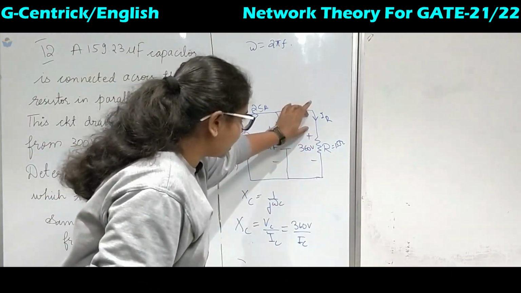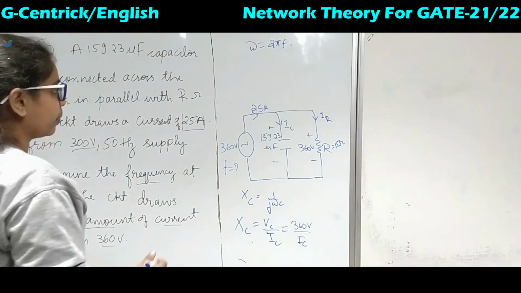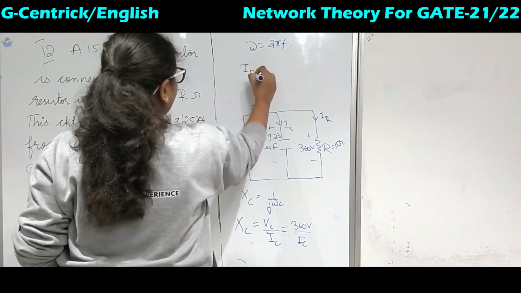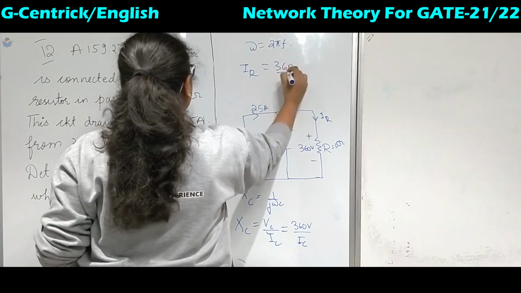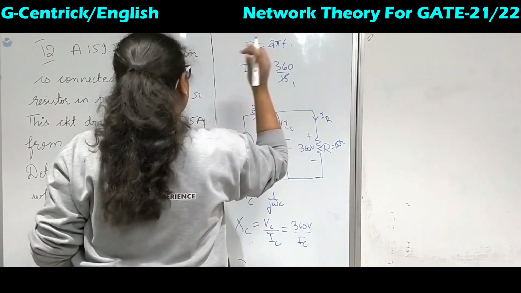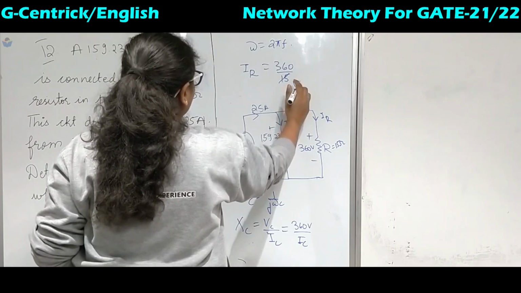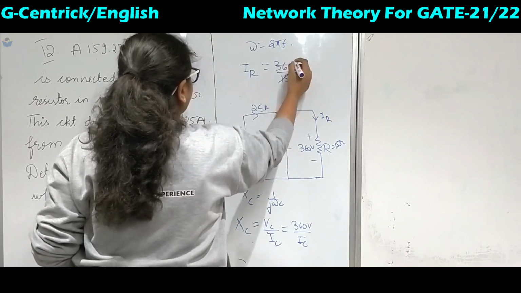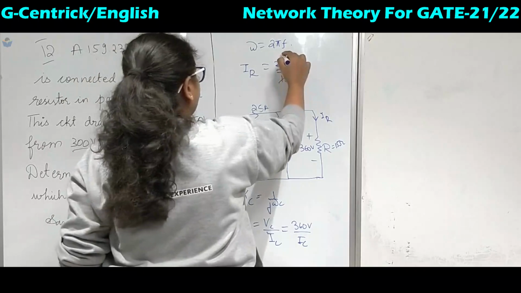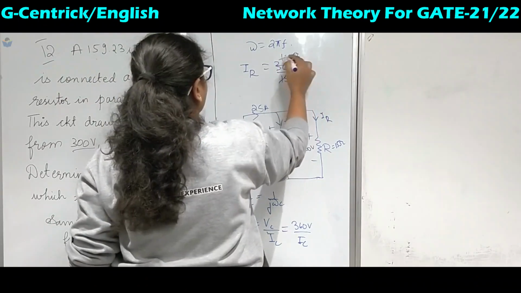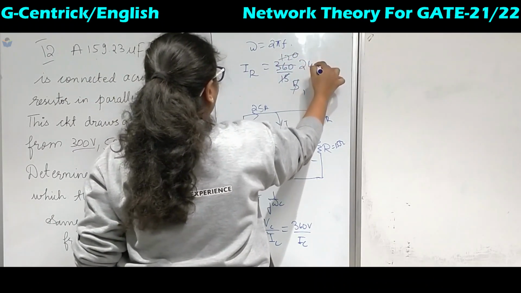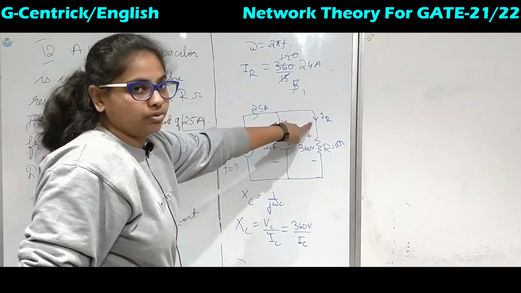So we can immediately calculate the value of IR. What is the value of IR? It is 360 upon 15. 5 threes are 15, 5 ones are 5, 2 ones are 24. So the current here is 24 ampere.